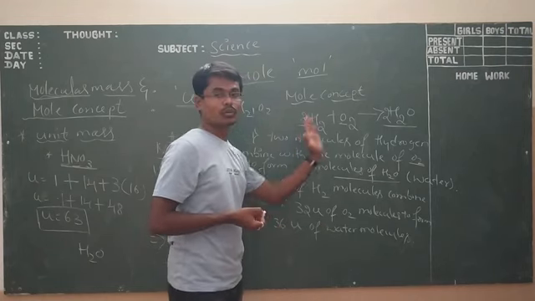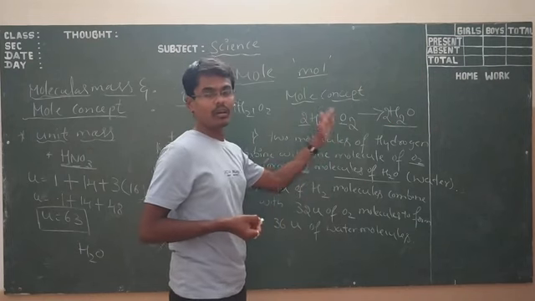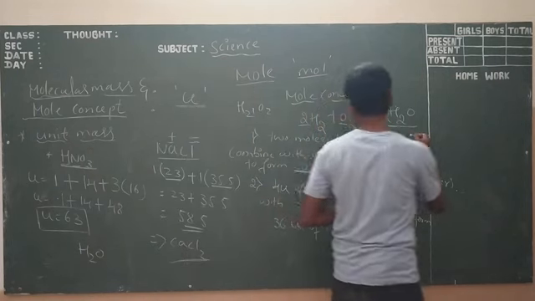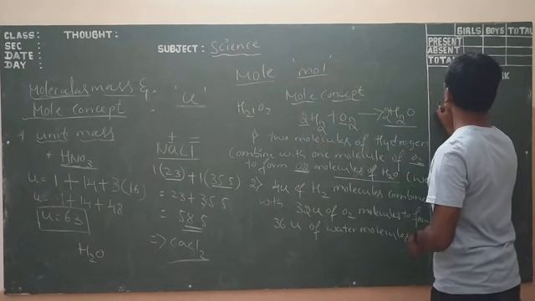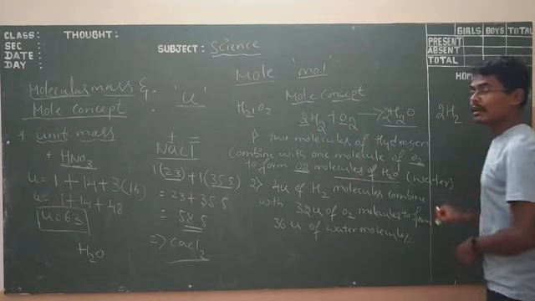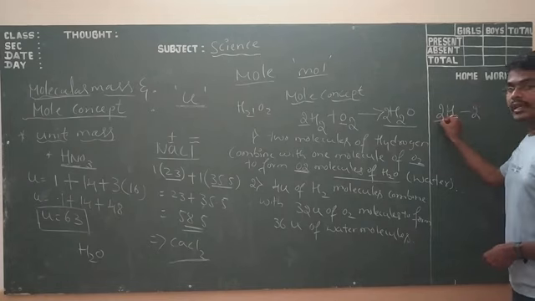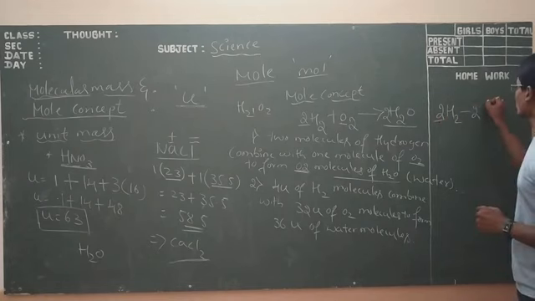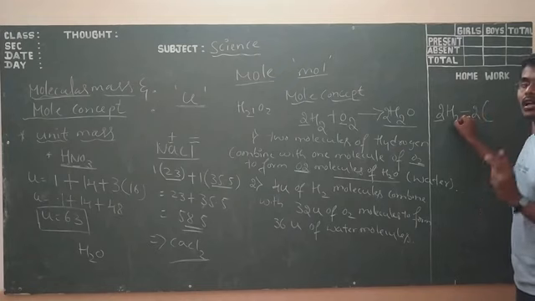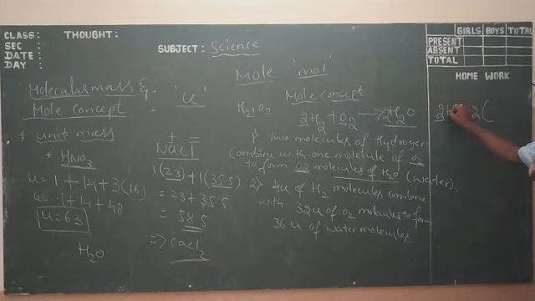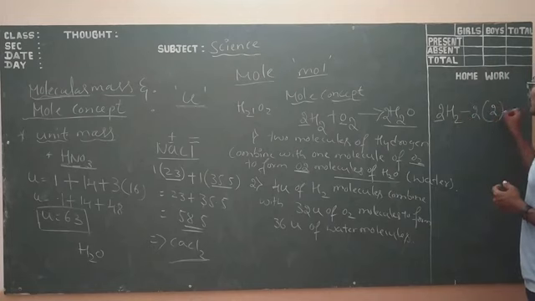Now I am going to explain how we got all these. Look here, 2H2: the 2 indicates the number of molecules, two molecules, and here there are two atoms. We know that the atomic mass of hydrogen is 1, and here two atoms are there, hence that becomes 2. 2 into 2 becomes 4.